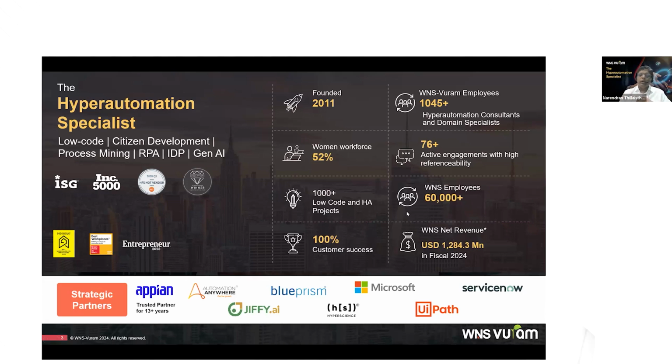A couple of years back, we got acquired by our parent entity, which is WNS, which is listed in the New York Stock Exchange, about $1.3 billion of revenue. So we are part of a large family right now. And we count Appian, Microsoft, and UiPath and others as our key partners. And just to call out that we have been recognized by some of the vendor analyst and vendor community there.